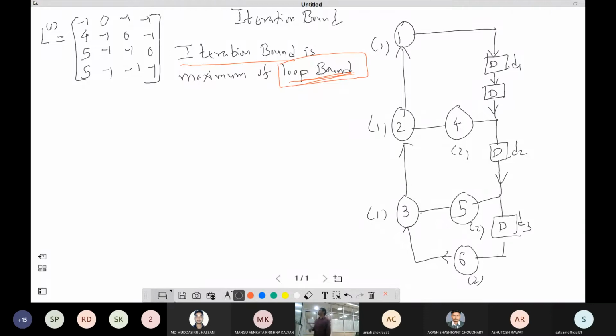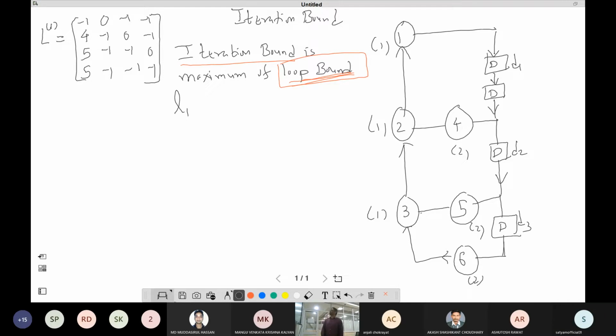Okay, now for this, how many loops do you have? You need to first identify the loops. How many loops do you have? Six.